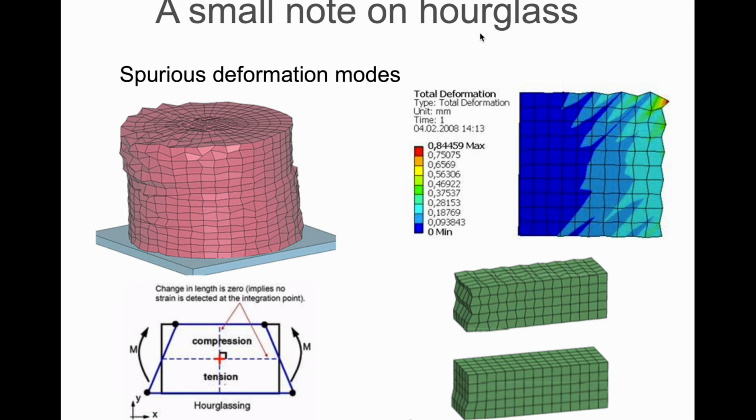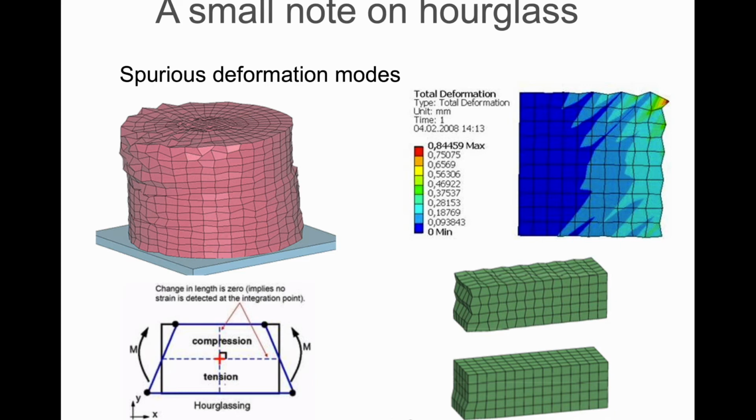Some of your colleagues already experienced this in the first class last week, but you can easily detect when you see this kind of trapezoid shape. So if you look at these elements, they make a kind of hourglass pattern. So you have to imagine here an hourglass. And this is also called spurious deformation modes because it's deformation with no energy, but you can see a lot of displacements.